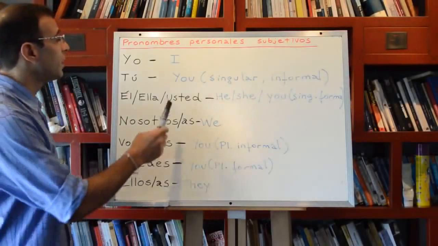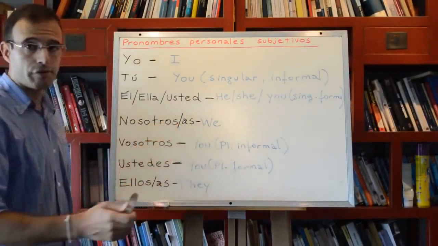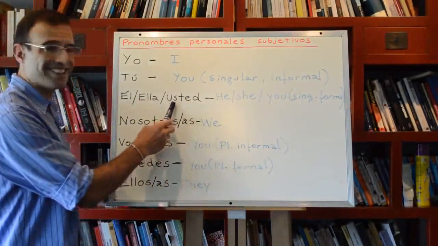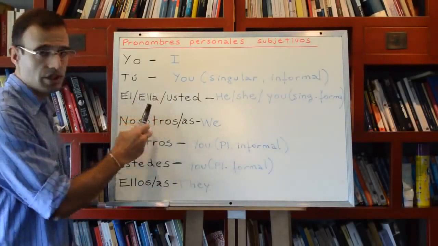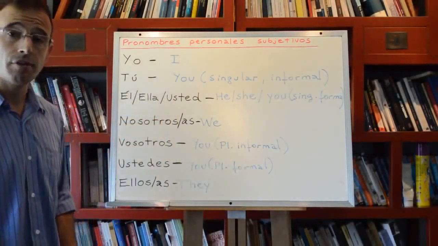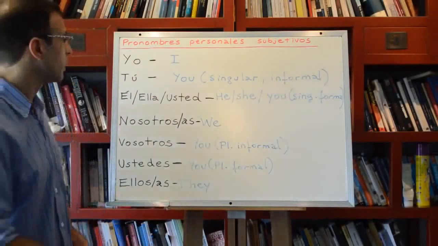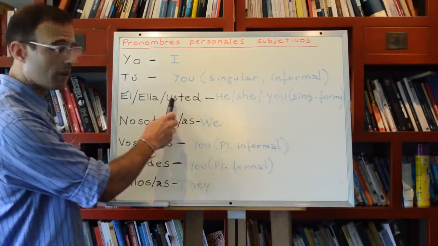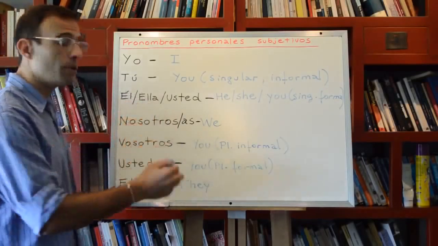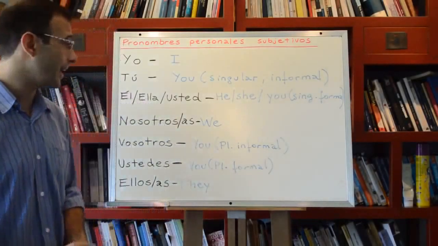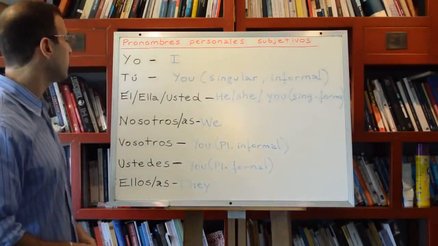The thing is, usted, the formal you, is conjugated the same as he, she, okay? Therefore, when we learn how to conjugate verbs, we will place usted together with he and she because they have the same conjugation, exactly always, okay?